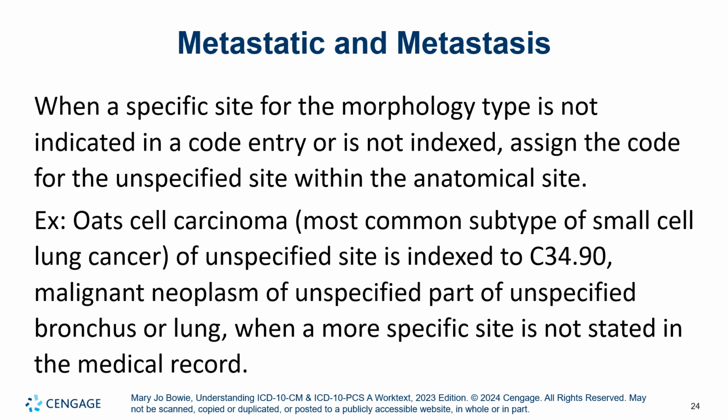So what this means is oat cell carcinoma, which is the most common subtype of small cell lung cancer, of a specified site is indexed to C34.90, which is malignant neoplasm of unspecified part of unspecified bronchus or lung. And so we use this when a more specific site is not stated in the medical record. So that's what we're going to use.